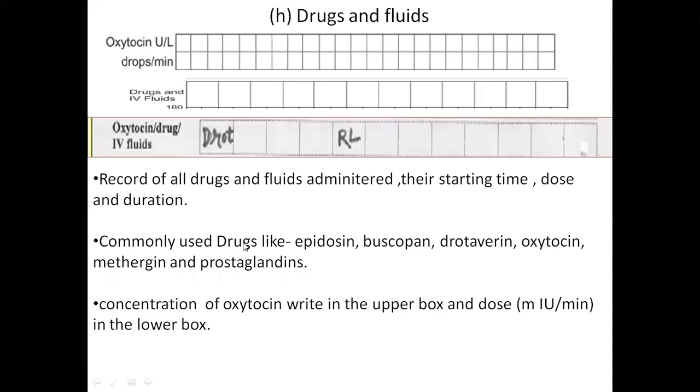Commonly used drugs like epidosin, buscopan, promethazine, oxytocin, and prostaglandins are used in the active phase of labor. Concentration of oxytocin is written in the upper box and dose is written in the lower box, in milli international units per minute. Okay, this is the recorded graph.